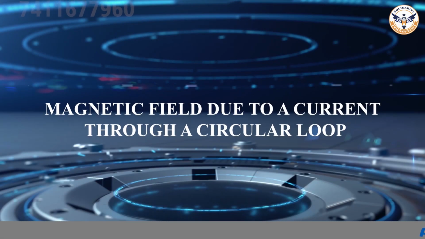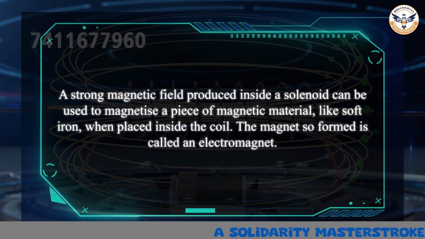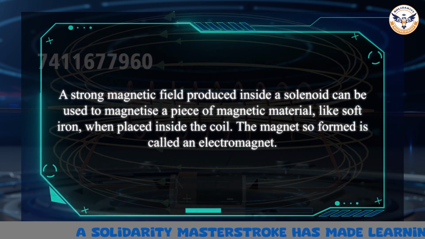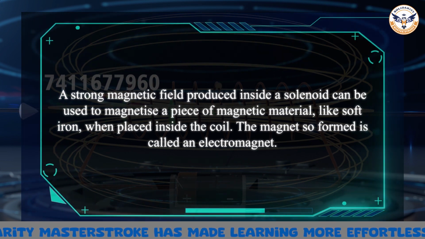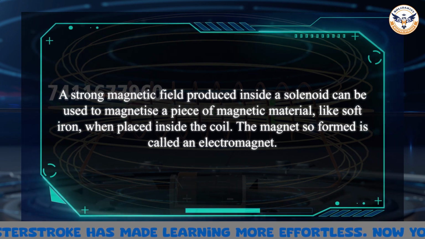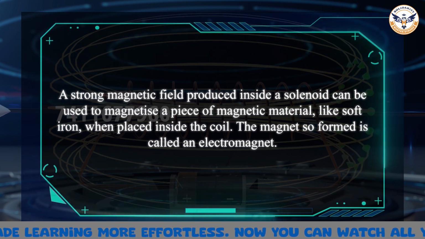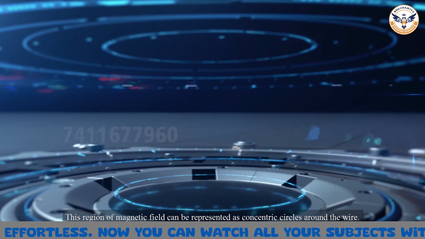Magnetic field due to a current through a circular loop. So far we have studied that when current is passed through a straight conductor, a magnetic field is produced around the conductor. This region of magnetic field can be represented as concentric circles around the wire.